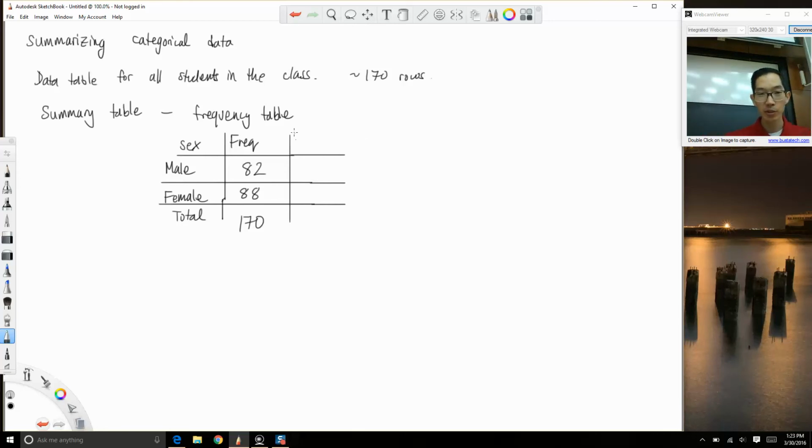We can also create a column called relative frequency. Basically, all we're going to do is express the frequency as a percentage. What calculation do I need to do to get the percentage here?